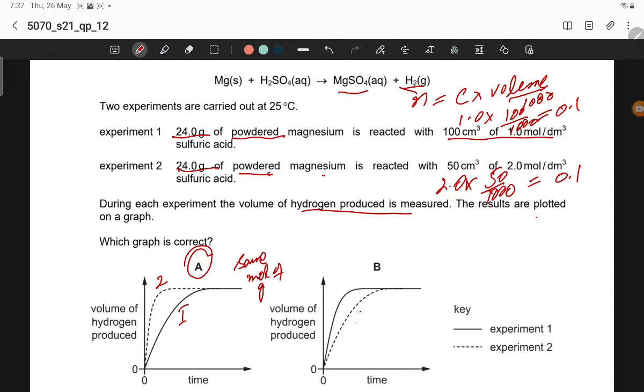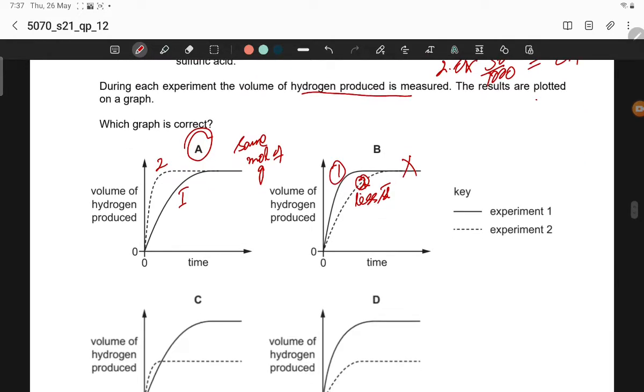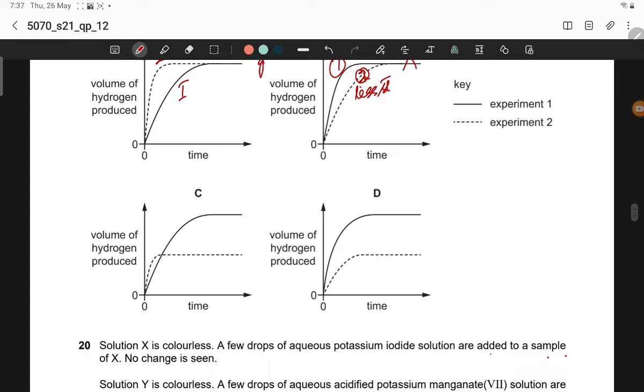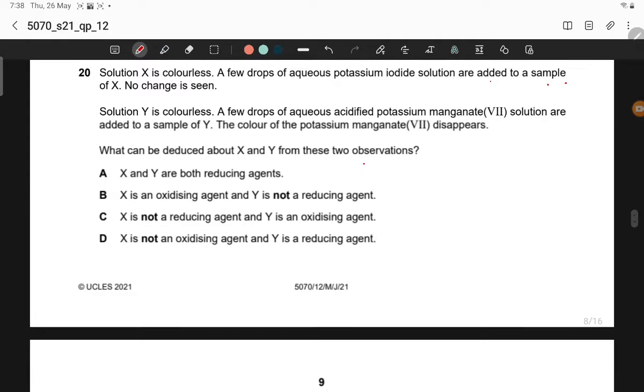Experiment 1 is less steep, so this is incorrect. This is experiment 2 and this is 1, so it is incorrect. Different moles of gas are produced in this graph, so this is also incorrect. Different moles of gas, so this is also incorrect.